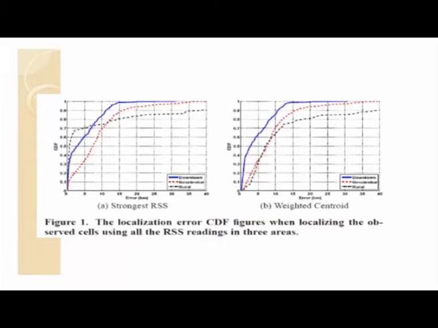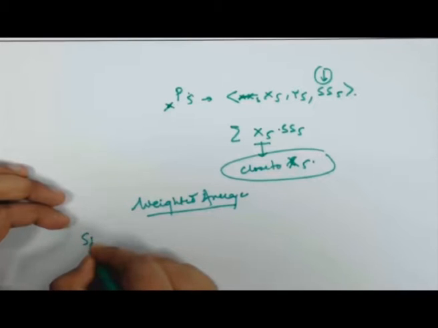Fine. So now take the rural case: the strongest RSS works best. This picture shows that for around 70% of the cases, the error is less than a kilometer.